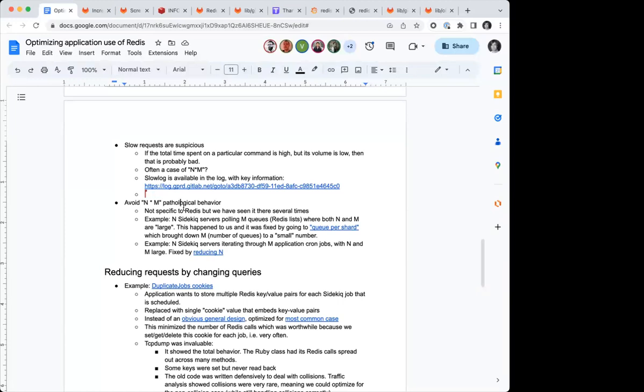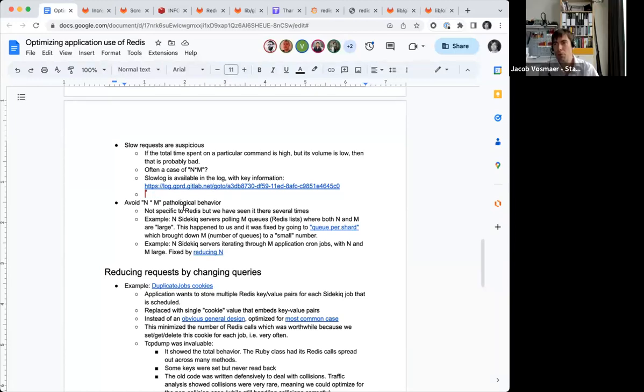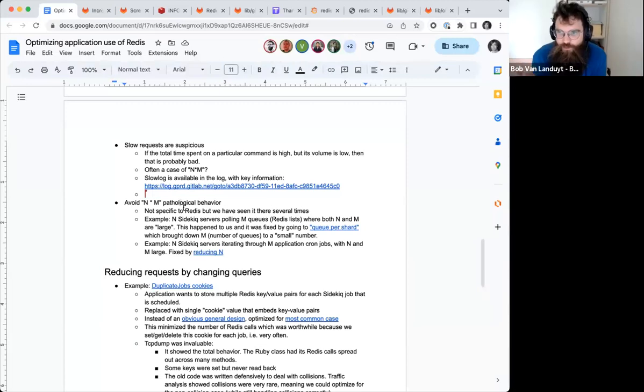So the issue usually is a combination of slightly slower requests and then just a lot of them. So volume usually plays a big part. Usually it's a multiplicative problem. So it's the multiplicative problem that we, for example, see in the slow log, iterating a very large set, for example.